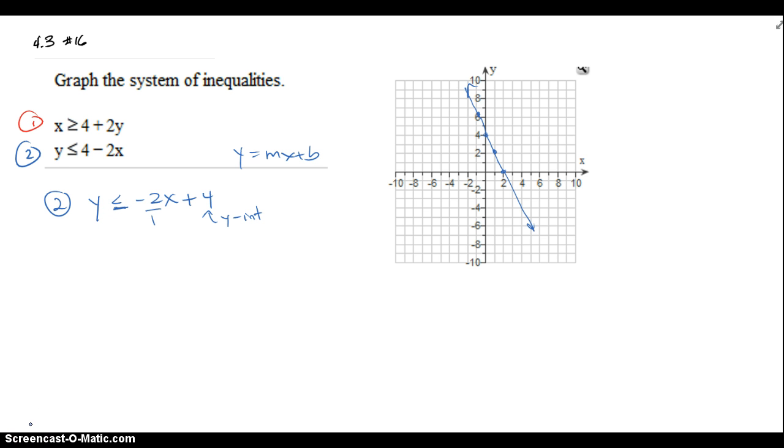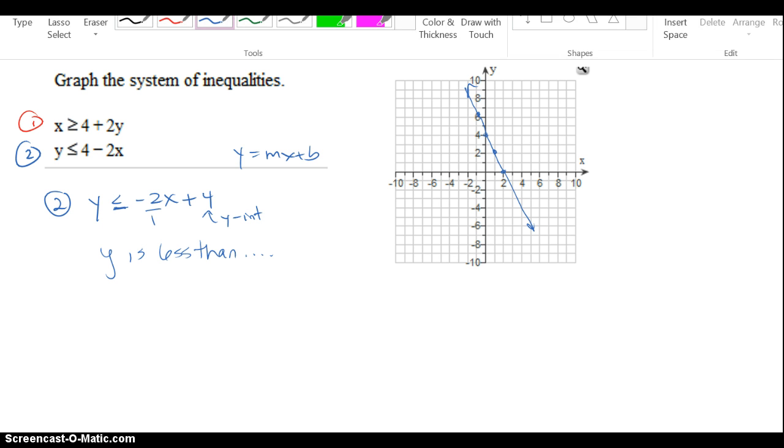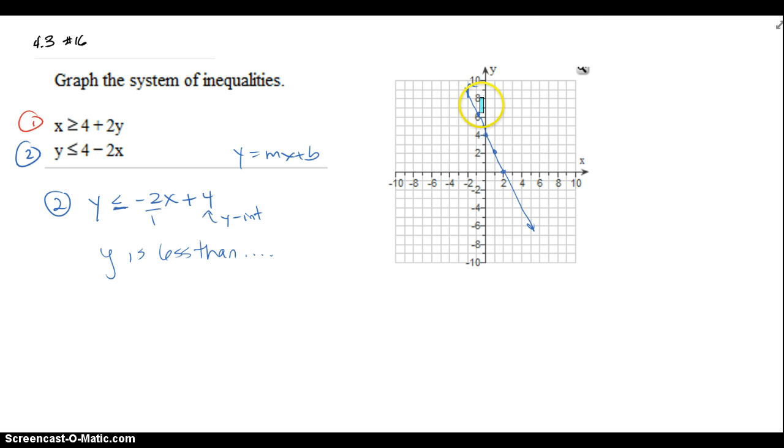Now before I continue, it says y is less than blah blah blah blah. If I'm looking at this, y is less than this border of a line. So if I'm doing my shading, I'm basically saying if this is my line, there's two regions. There's either stuff above it or stuff below it.